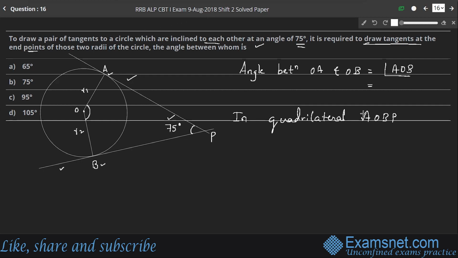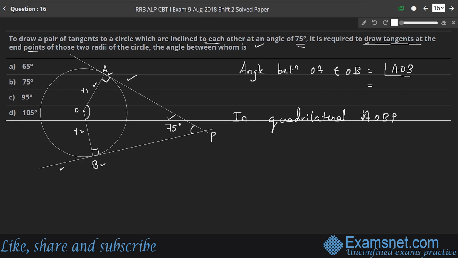And also here OAP, this angle is 90 degree, because the angle made by the tangent at any point on the circumference of the circle with the radius is 90 degree. And also here the angle made at B, so the angle made by the tangent BP with the radius OB is 90 degree, right?